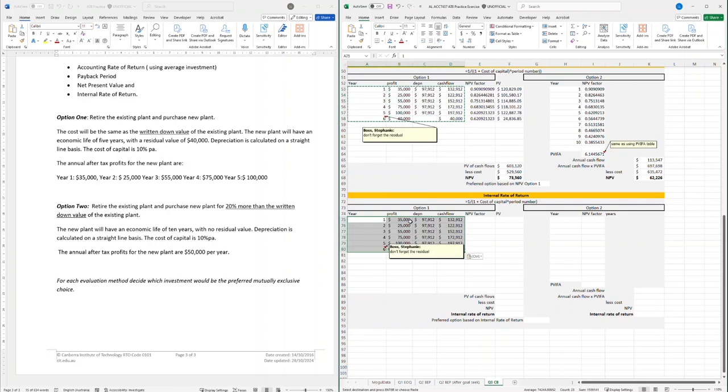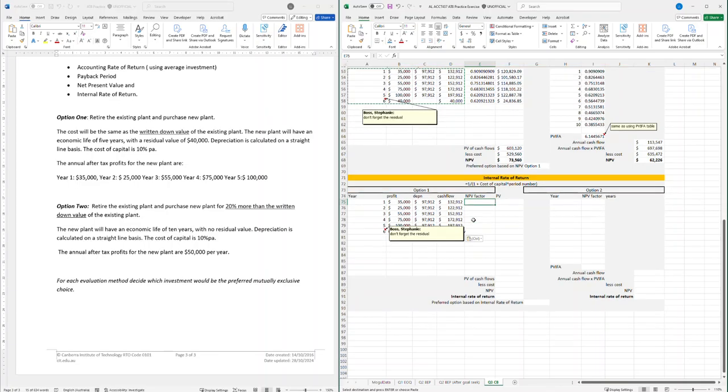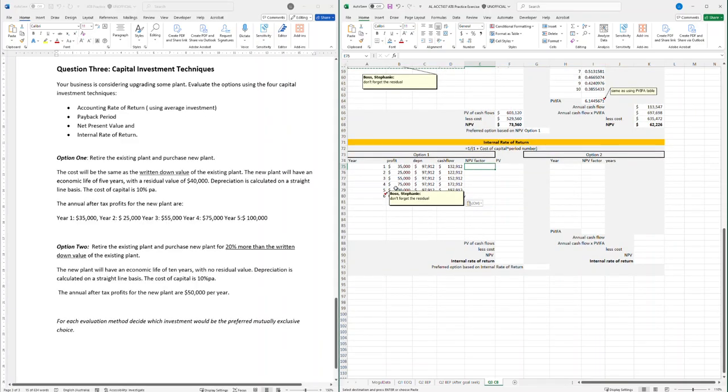Now it's a little bit tricky, okay? The reason is we are going to use a goal-seek function to calculate the internal rate of return. The goal-seek function needs to recognize the rate of return in the formula.